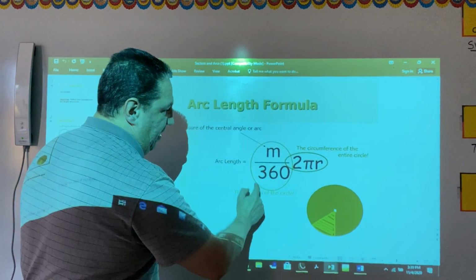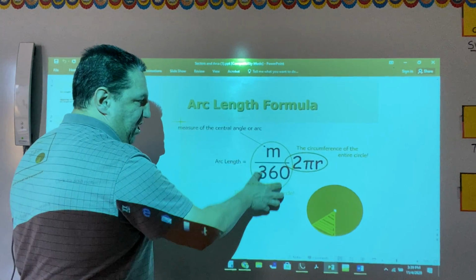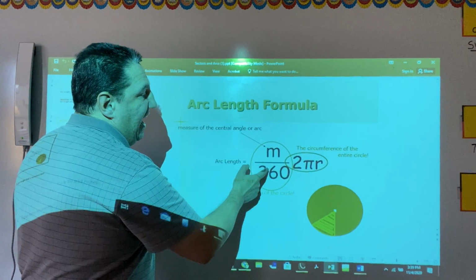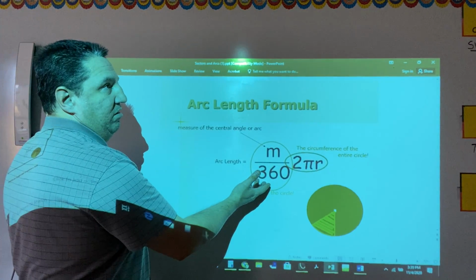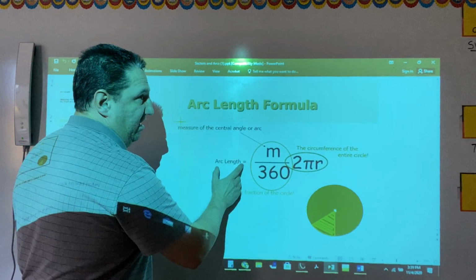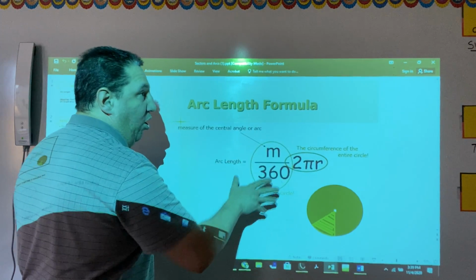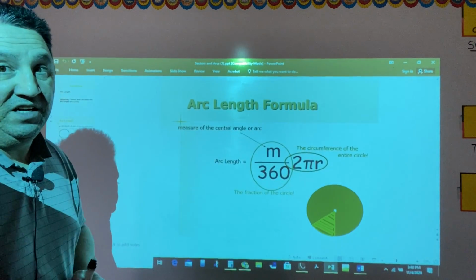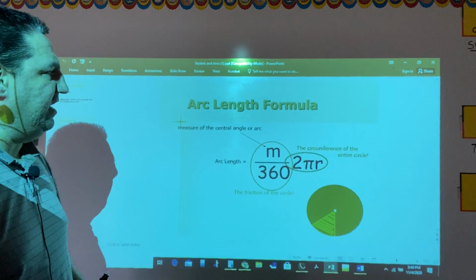Do you see this ratio? This fraction is less than or equal to 1, which means the arc length is less than or equal to the circumference of the entire circle.